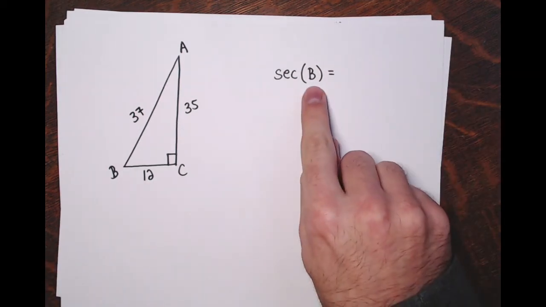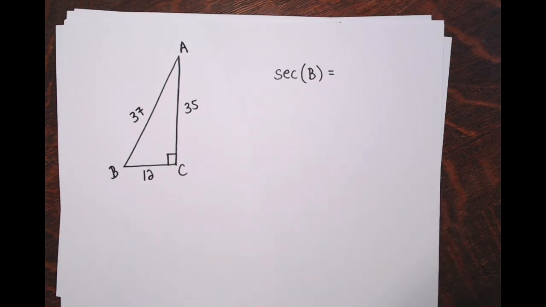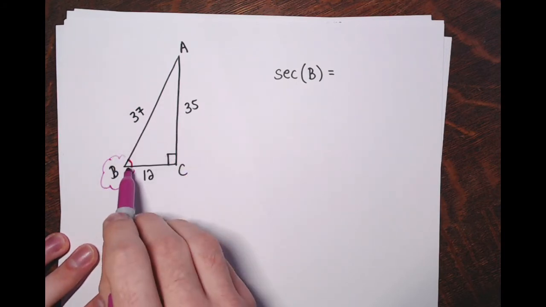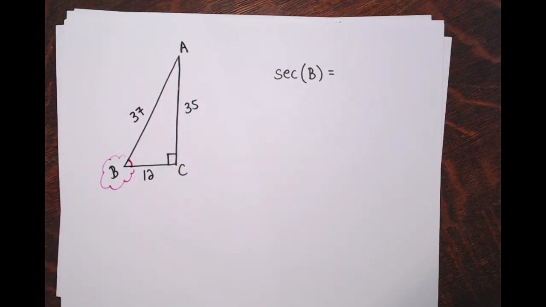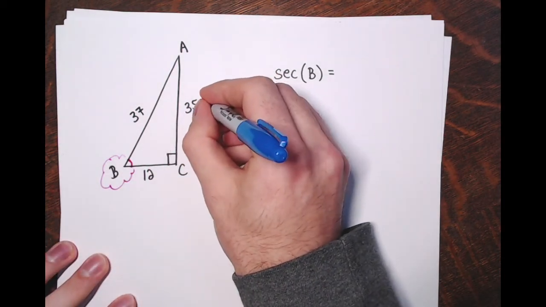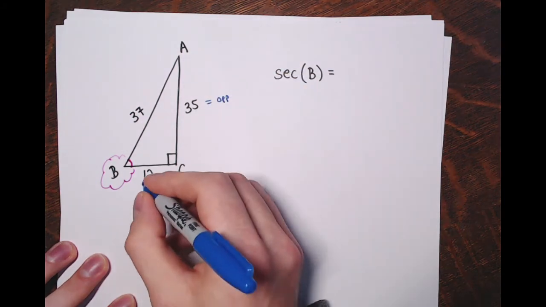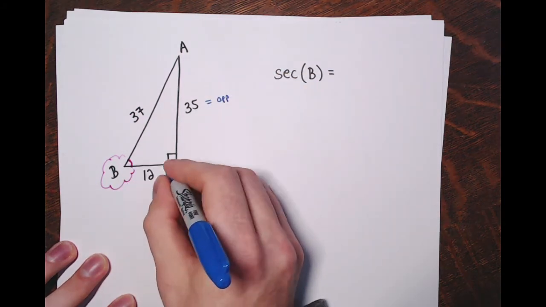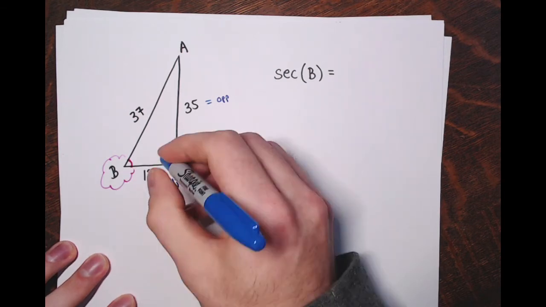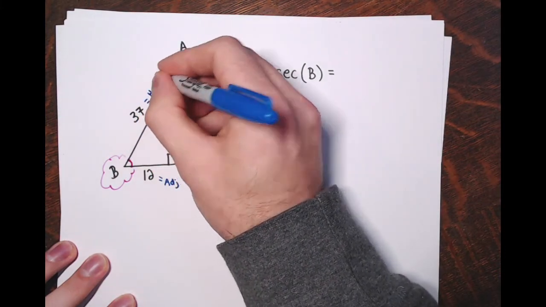So notice the angle we're focusing on is angle B. So I'm going to put a little bubble around that, or mark it off. That's the angle I'm focusing on. So if that's the angle I'm focusing on, then this 35 is the side opposite, OPP. This side with a length of 12 is the adjacent, ADJ. And the side opposite the 90-degree angle is always the hypotenuse, HYP.